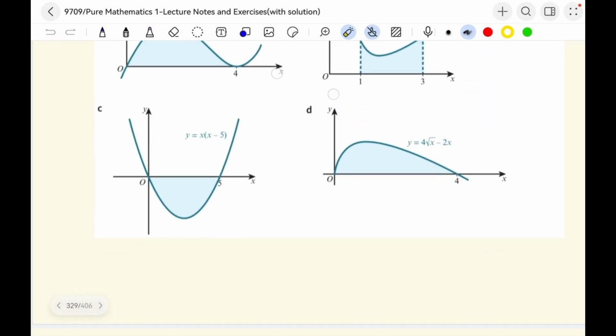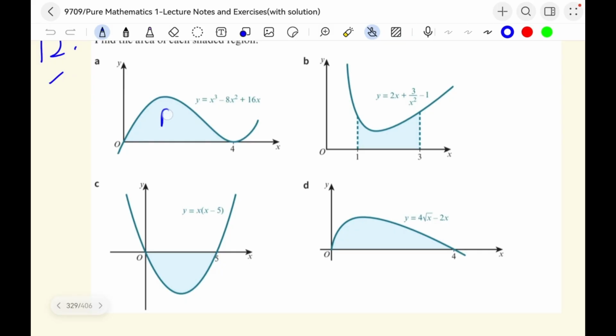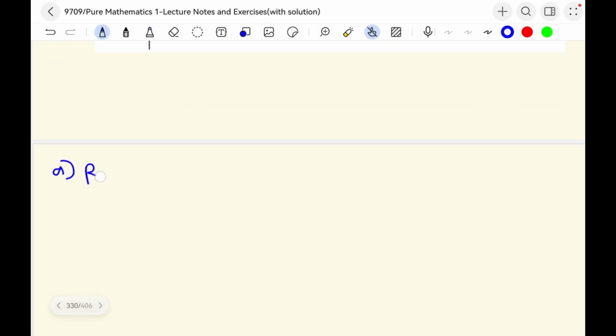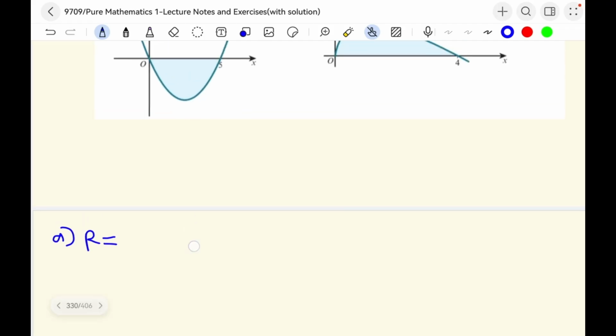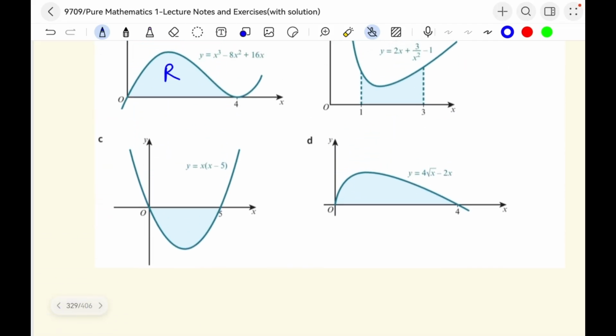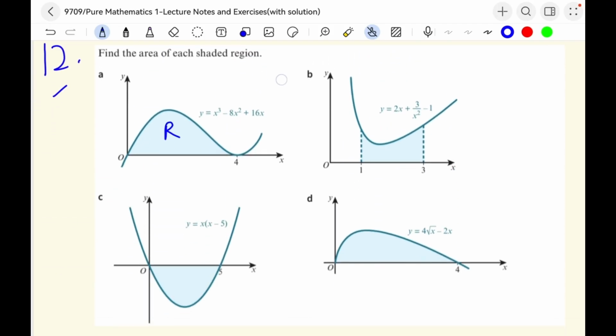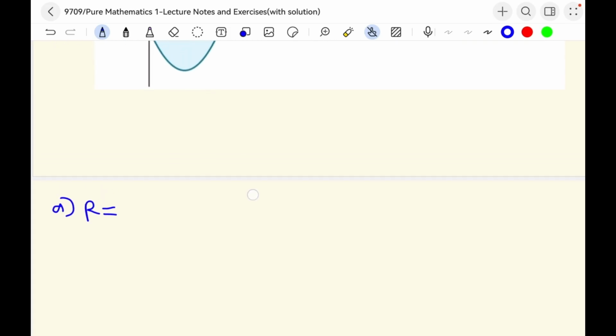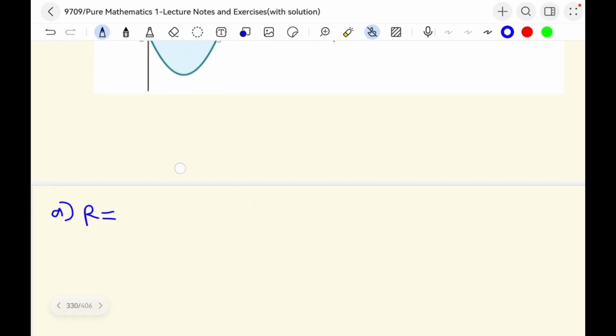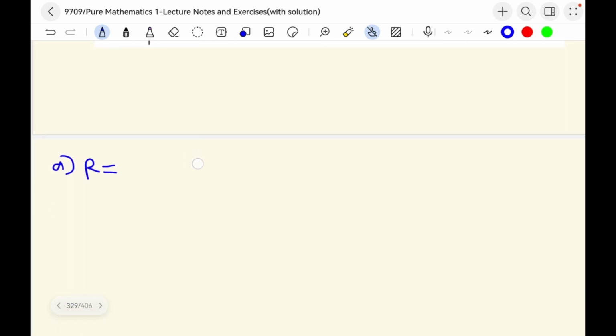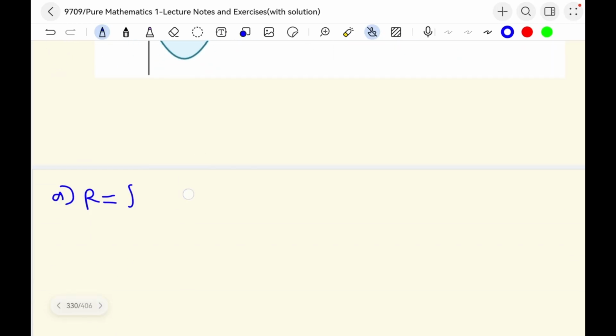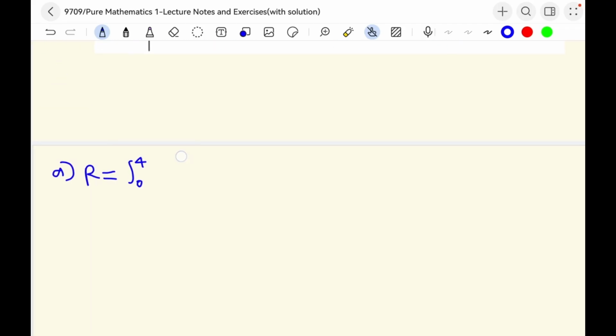You can write region R, but for me I write region R. You can also write other variables, let's say A, B. Anyways, it doesn't matter, as long as you are able to show that the integration is the area under the curve. So by stating the long S sign over here, write the correct limits for the correct integrand.